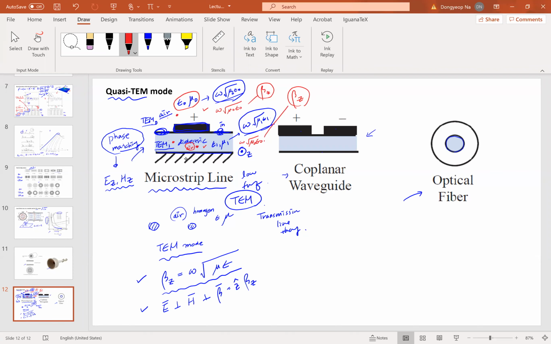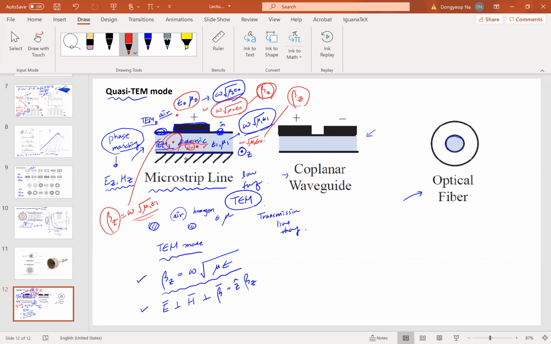But if we introduce the dielectric medium, which has a different medium property from the air, the propagation constant beta z in this region is going to be omega square root of mu 1 epsilon 1, so that the propagation constant in the free space or air is different.